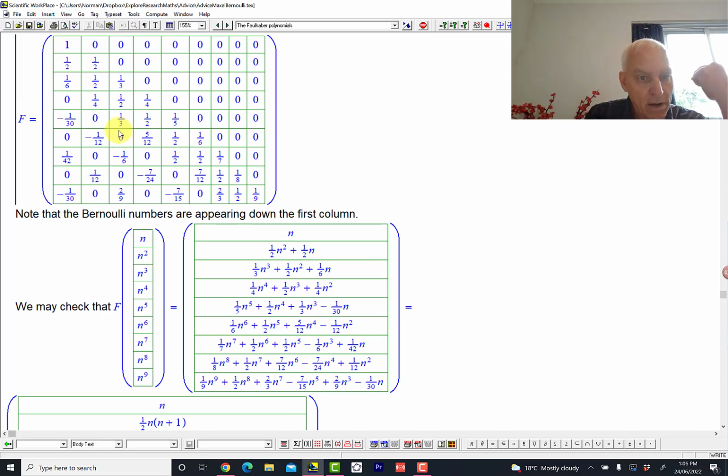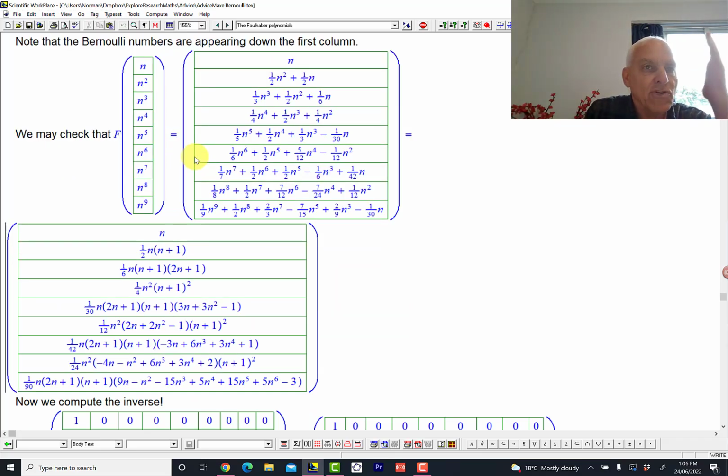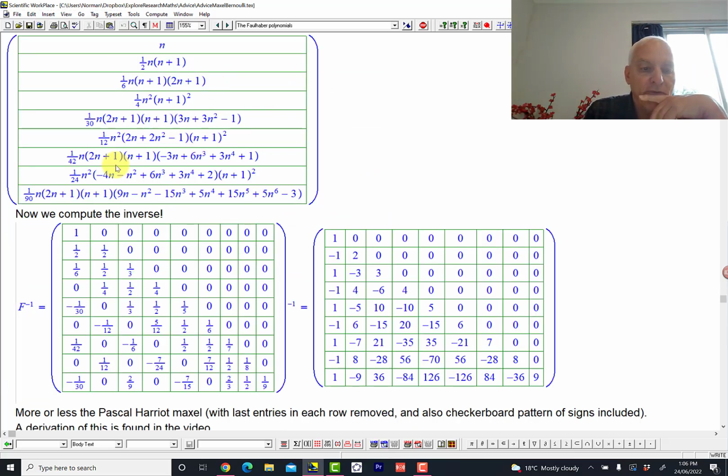If you look along here, it's not at all clear what the pattern is, if there is any pattern that's easily statable in these entries here. But that's our strategy, to at least look to see if there is something that happens when we take the inverse.